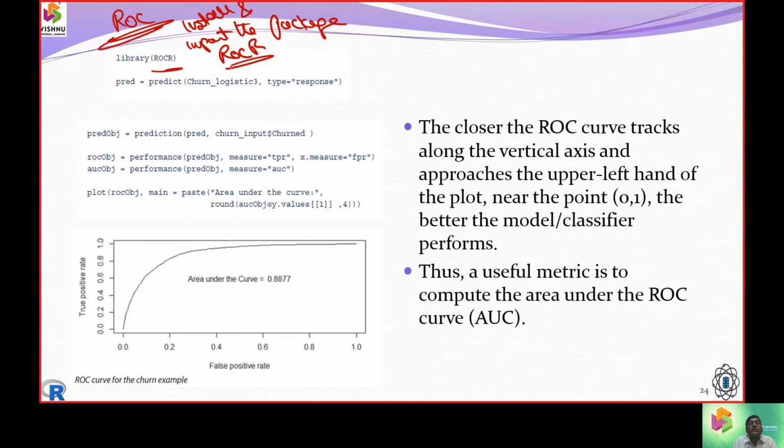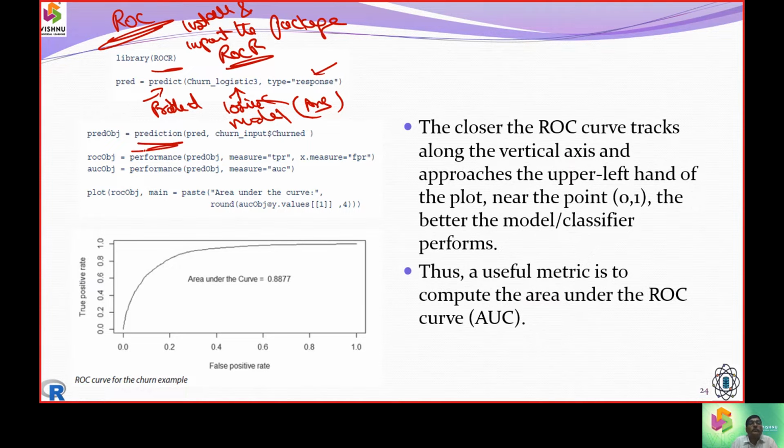Then we have to predict the values. The logistic model's answer is going to be stored in churn logistic tree, and the type is response.